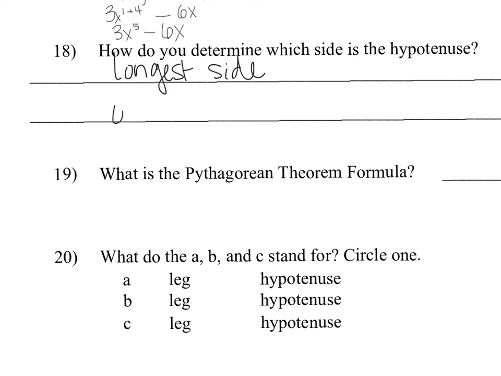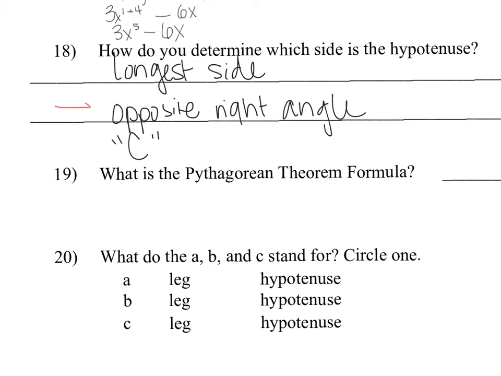It is opposite the right angle. And we also refer to it as c. Really, the important thing that you understand is this one right here. It is opposite of the right angle.